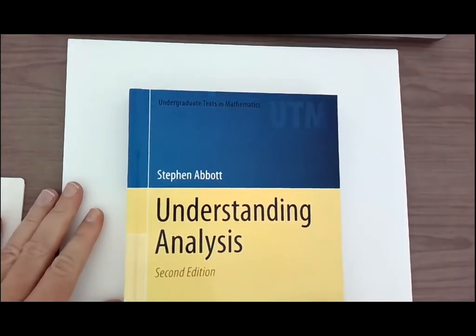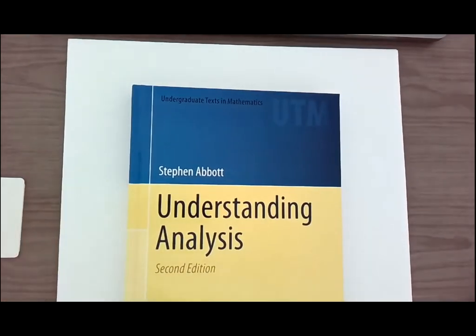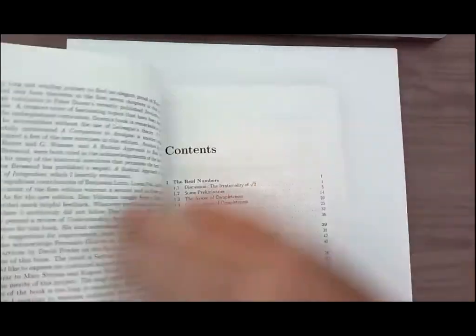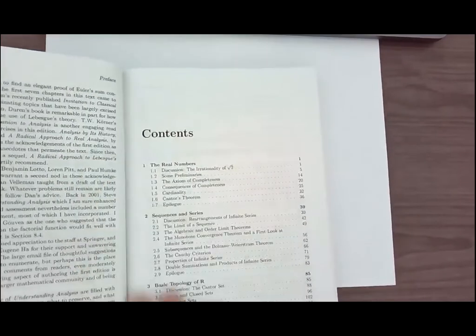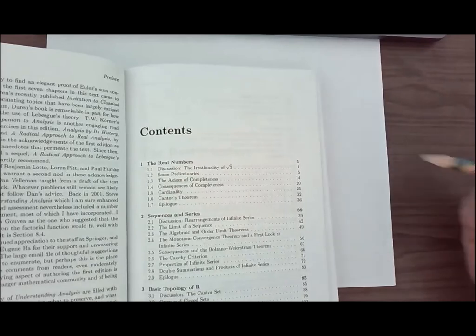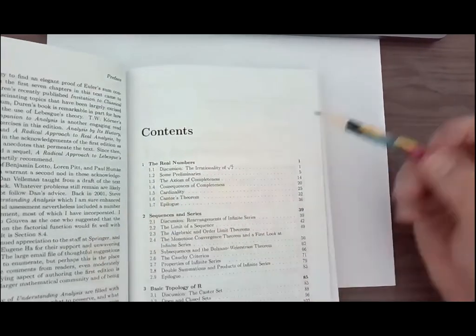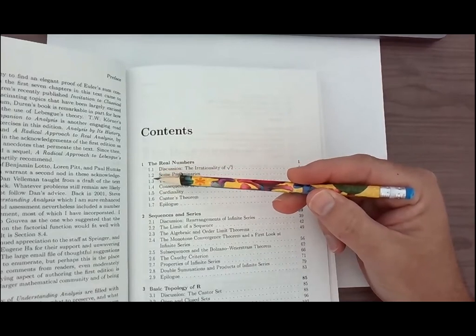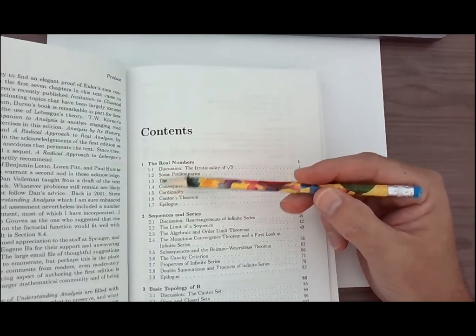So what we're doing now is we're going to get started on the main text. Again, this is Abbott's, and we're going to start in the first chapter. My plan was to talk a little bit about the first 4 sections today: 1.1, 1.2, 1.3, and 1.4.